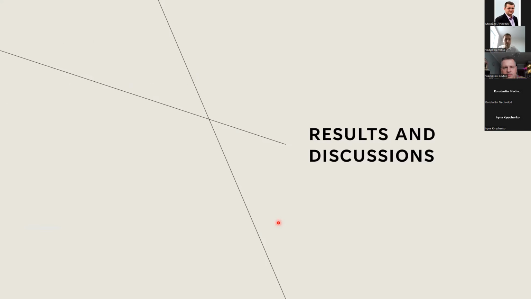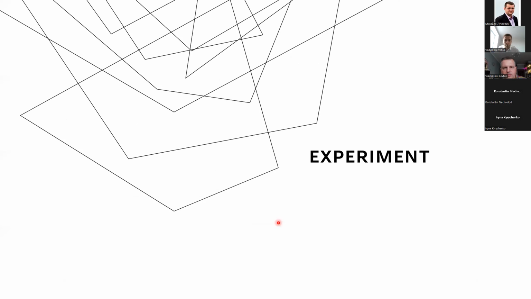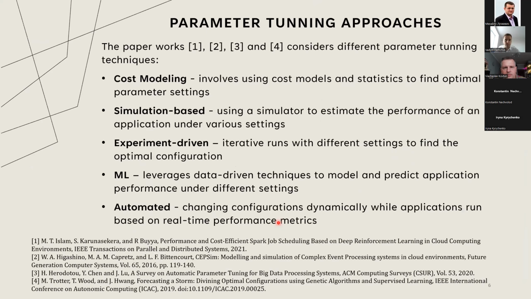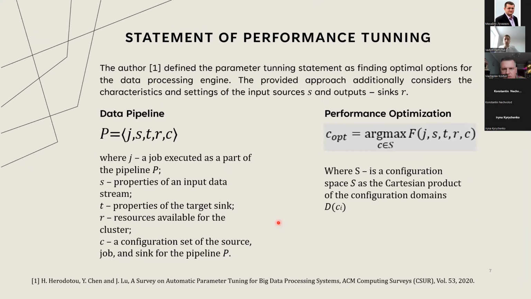Okay, thank you for your question. So let me go back. Yes, this is it. So in the mentioned articles, I used the following optimization approach. I only extended it for the case that we also analyze sources and sinks.